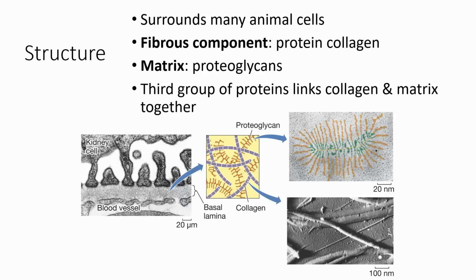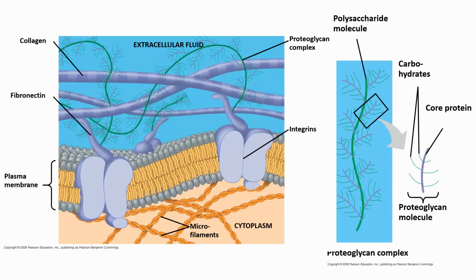Then you have these proteoglycans, which are basically proteins linked with carbohydrates that are going to help link all of that together. So you see a couple of examples of extracellular matrix here. You see those fibrous components as well as some of the other components like the proteins that help link and cross-link these different fibers.